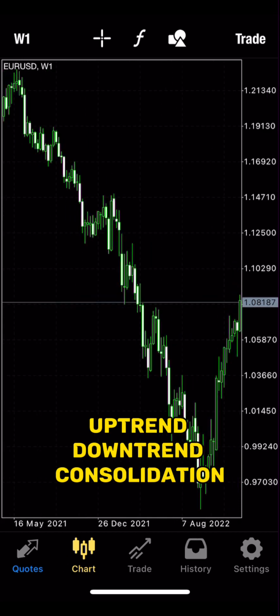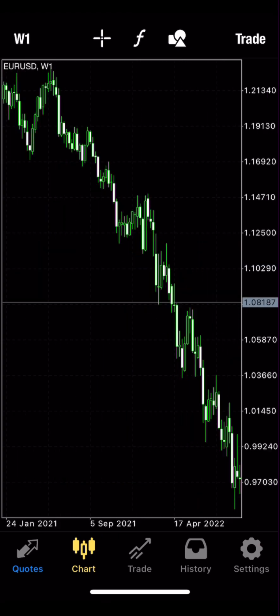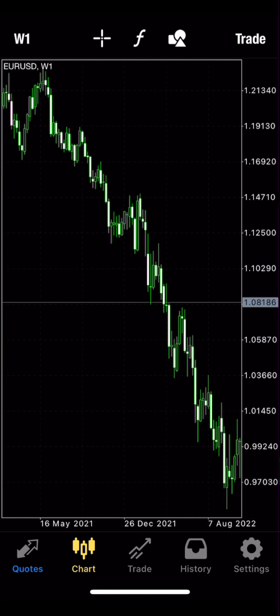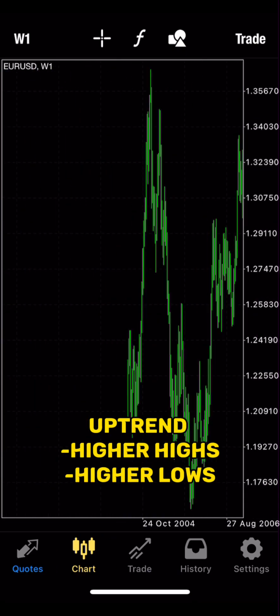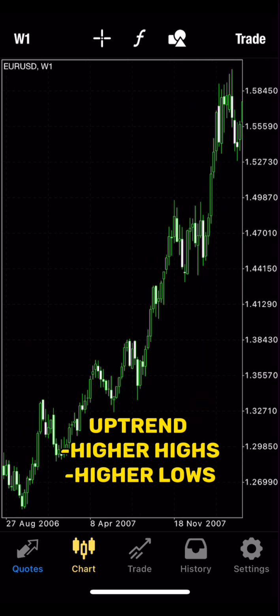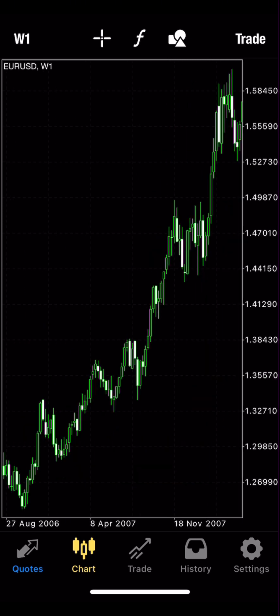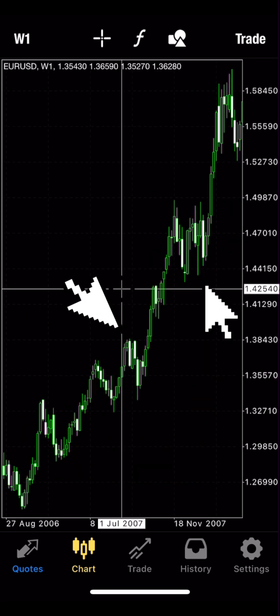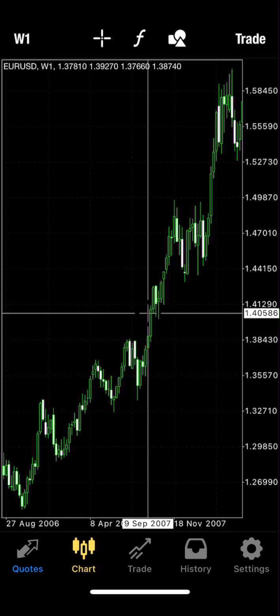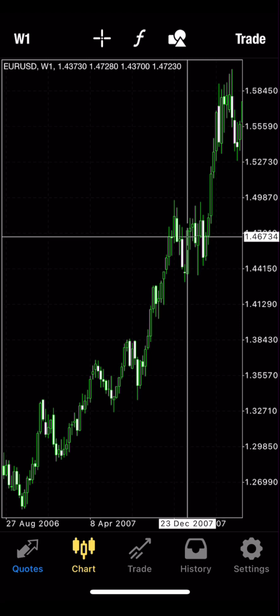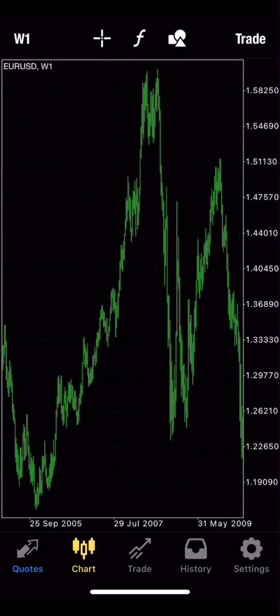The third one, we have a consolidation, right? So in an uptrend, you would see consecutive higher highs and higher lows, right? Something like this: higher high, higher low, higher high, higher low, higher high, higher low. That is in the case of an uptrend.